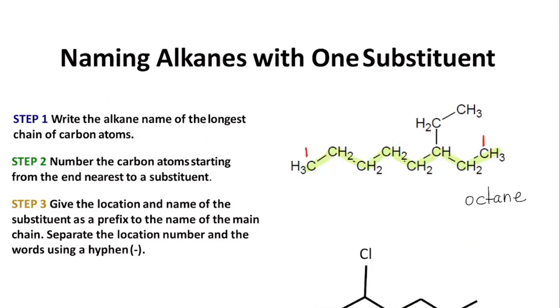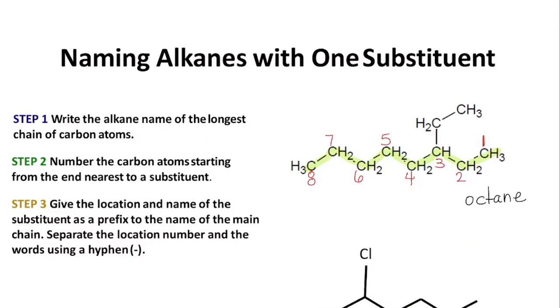I need to start numbering my carbon chain starting from the end that is nearest a substituent. So would I pick left or right as carbon 1? Excellent job, right. So that means that this is carbon 2, this is carbon 3, this is 4, 5, 6, 7, 8. The reason why we have to do it that way is because in our substituents, we want to give them the lowest number, okay?